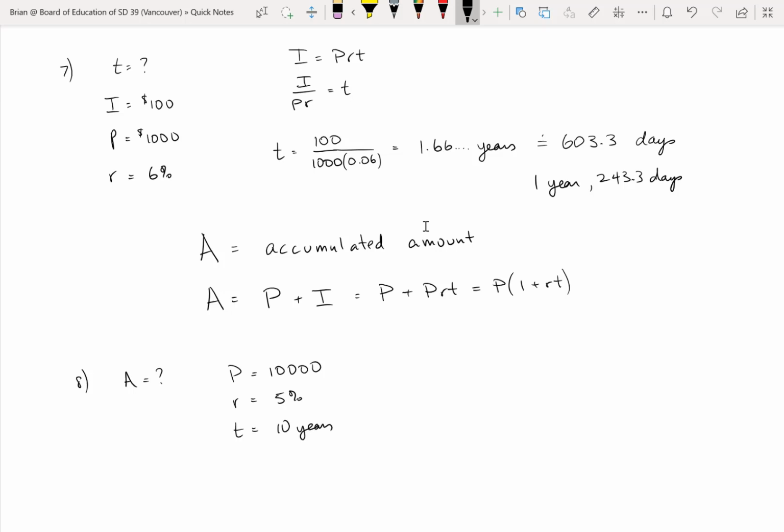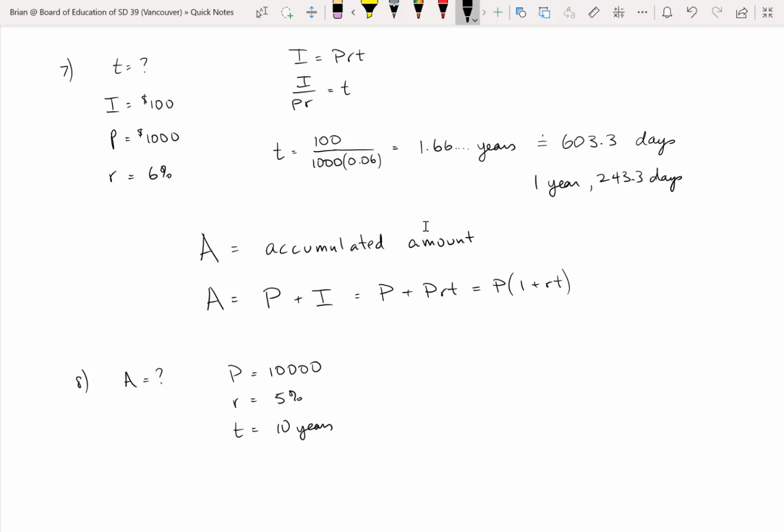Okay, we can actually do this in our head, so let's just do it in our head before we actually write it all down and reach for a calculator. 10%, I always start with 10% when I'm estimating. 10% of 10,000 would be 1,000, so 5% would be half that, which would be $500. Over the course of 10 years, that'd be 10 times 500, so that'd be $5,000 in interest in total. And then our principal is $10,000, so we should end up with an accumulated amount of $15,000.